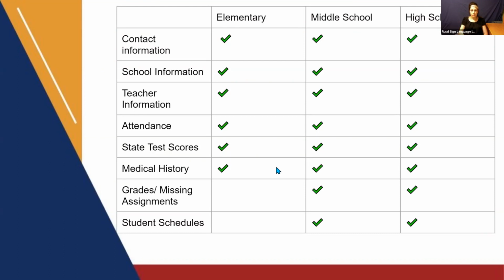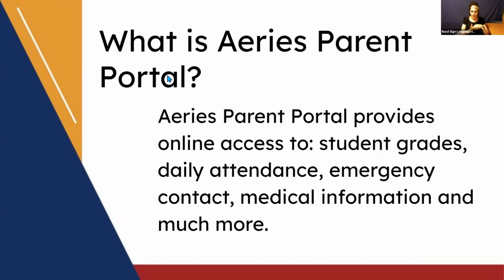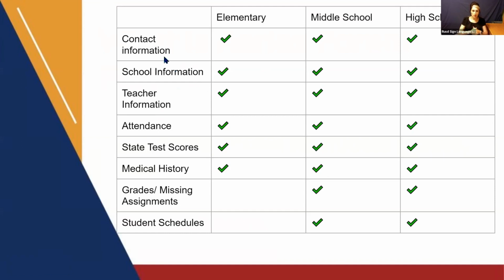So for a parent, what you would see for elementary schools would be all of this information here. The contact information, the school information, the teacher information, the attendance, the state testing, and medical history. You will not be able to see that class summary that I showed towards the end of the presentation, as well as the student's schedule, because at an elementary school, they really only have one teacher.